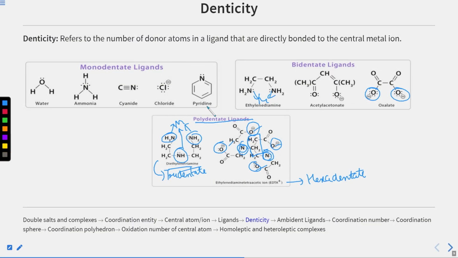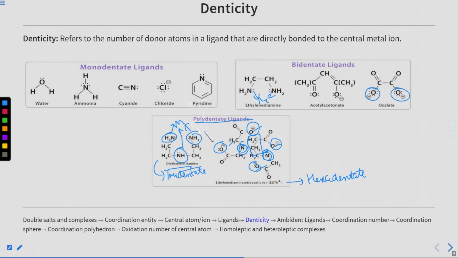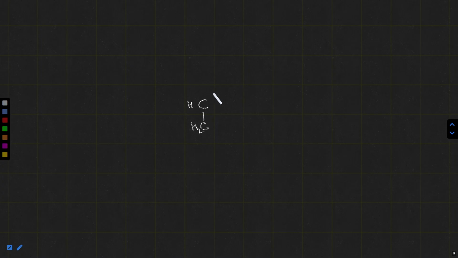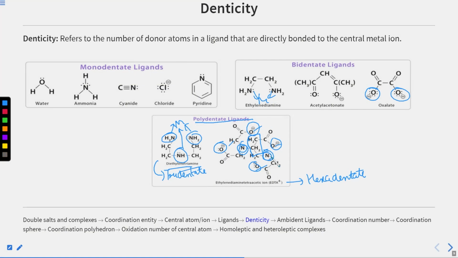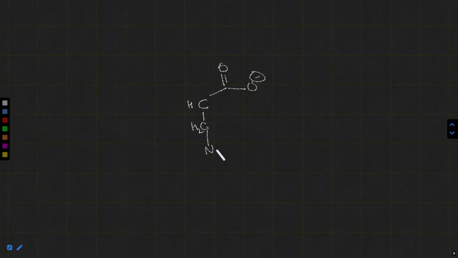So if you write it here, CH2, CH2. Okay. Now we have a nitrogen at both of this and one C at here. So we have one CH2 CO minus. Okay. We have one nitrogen here. We have one nitrogen here. That is again bonded to 2 acetate group.